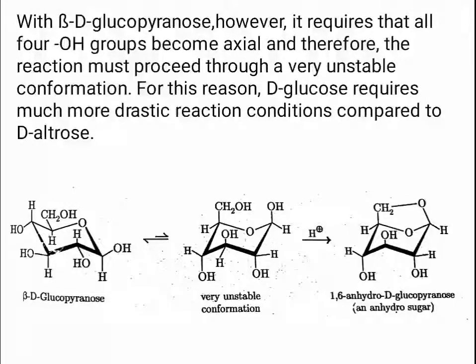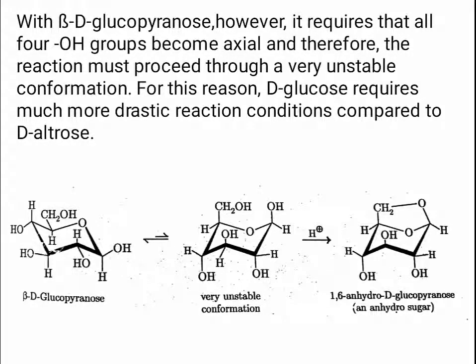With beta-D-glucopyranose, however, it requires that all 4 OH groups become axial, and therefore the reaction must proceed through a very unstable conformation. For this reason, D-glucose requires much more drastic reaction conditions compared to D-altrose.